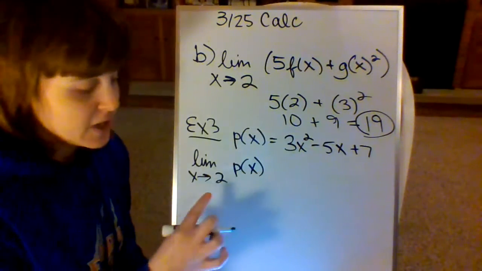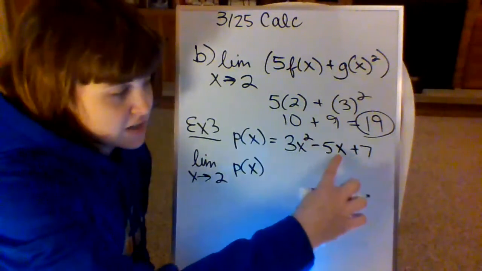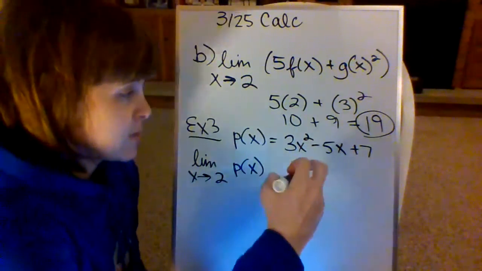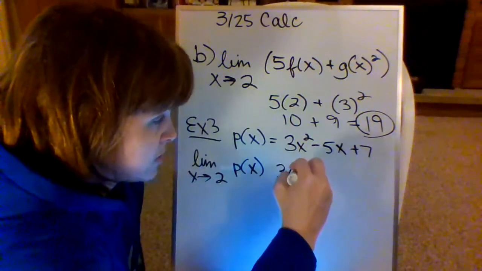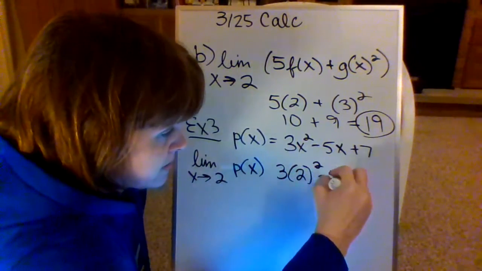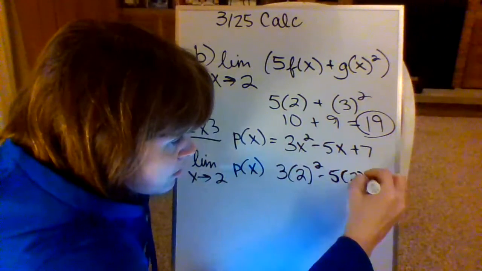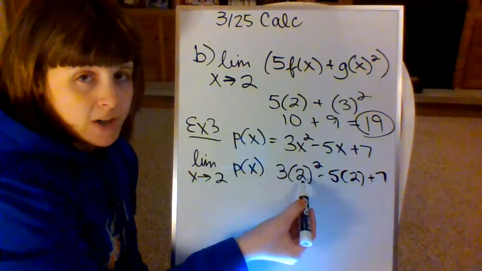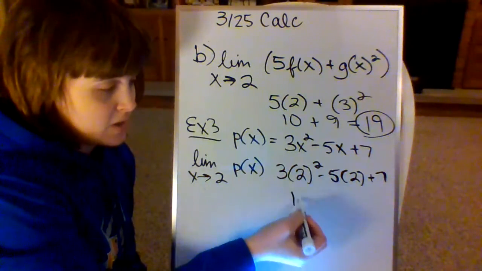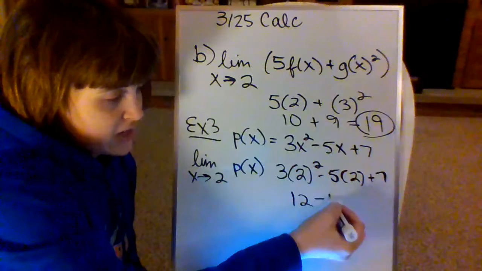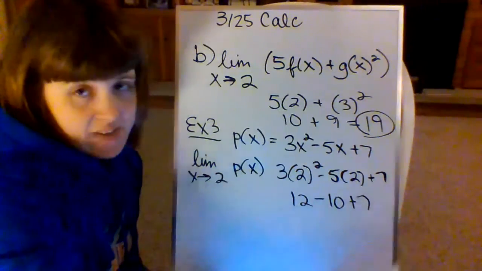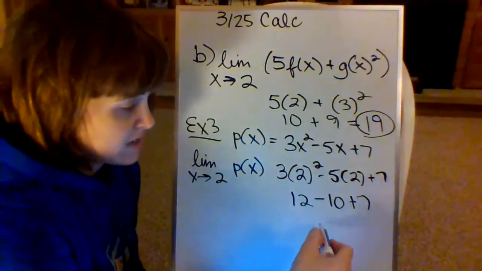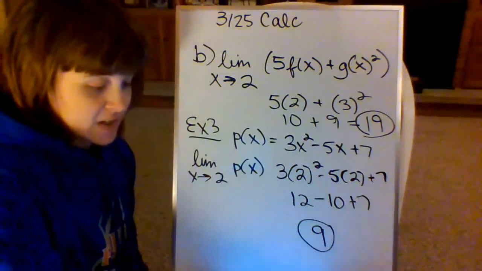What this means is you take your 2 and you plug it in up here for x in both of those spots and you evaluate. So we're going to have 3 times 2 squared minus 5 times 2 plus 7. 2 squared is 4. 4 times 3 is 12. 5 times 2 is 10. And then we've got that plus 7 at the end. So 12 minus 10 is 2, and 2 plus 7 is 9. So the answer is 9.